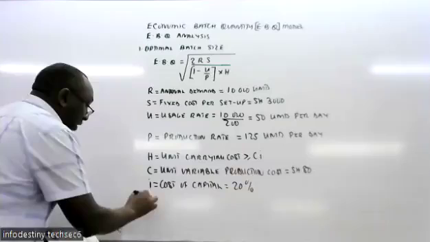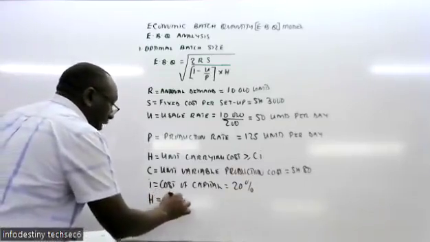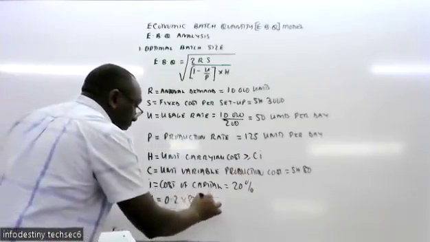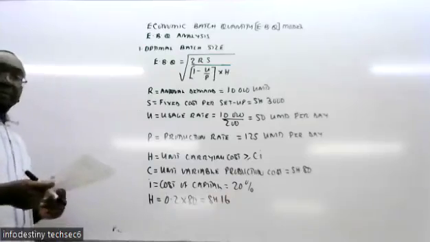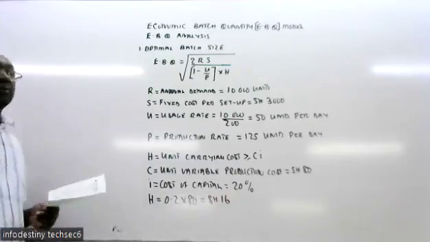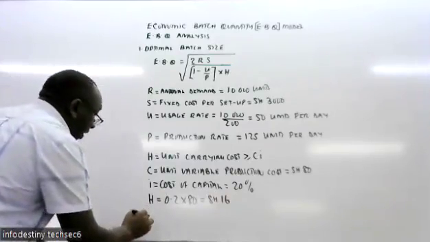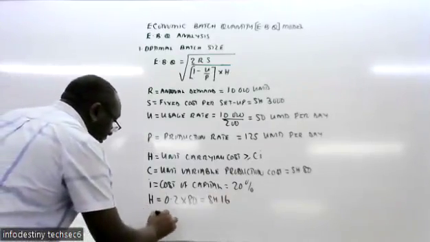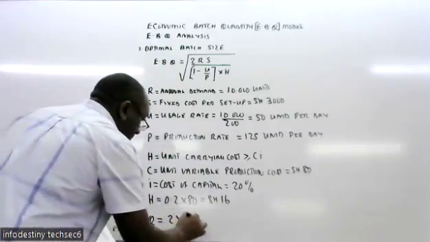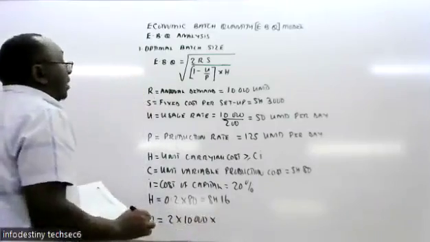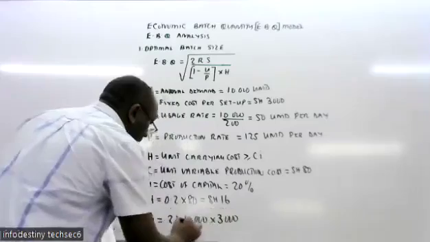And with that now, we can be able to get our H as 0.2 times 80. That gives us 16. So with that now, we can get our Q as 2 times 10,000 multiplied by the fixed cost, which is 3,000.